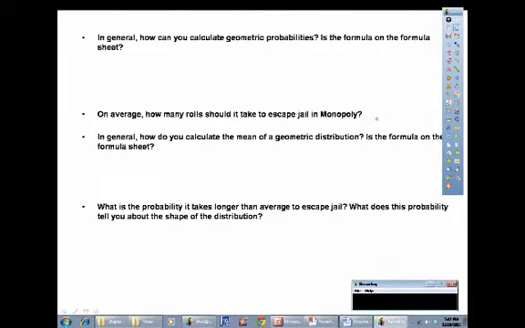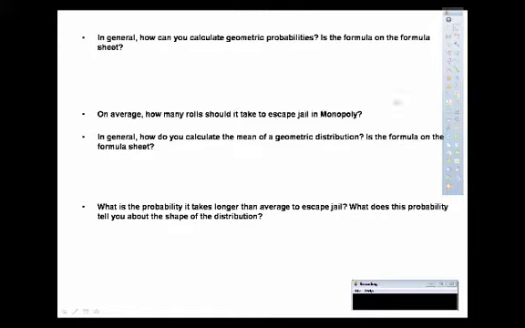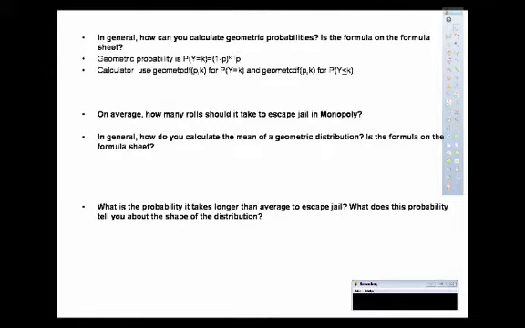In general, how can you calculate geometric probabilities? Is the formula on the formula sheet? Geometric probability, the probability that y is equal to k, the number of trials it takes to get the first success, is equal to (1 minus p) to the k minus 1 power times p. In the calculator, we use geometric PDF with p and k if y is equal to k.